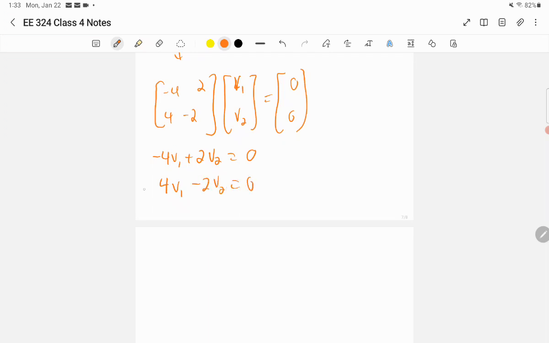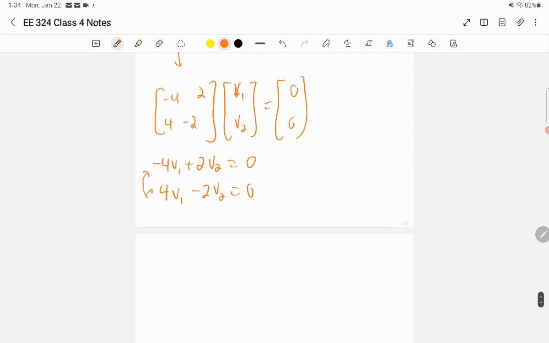Notice that this equation is just the negative of the top equation. So they're the same equation, telling us the same thing, so we only have to solve one of them. We're going to get a free variable. We find that 2v2 is equal to 4v1, which means v2 is equal to 2 times v1.